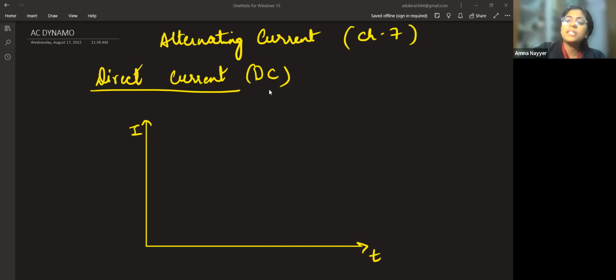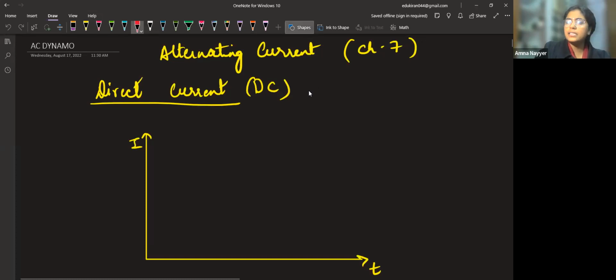In every question that we have solved till now, we have just said that current is given as 2 amperes. That's it. Because direct current means time is continuously increasing. See, time is a parameter that is not in our control. Time will always increase. Time can never decrease. Time can never be 0. But the second parameter, that is current, that we can assess.